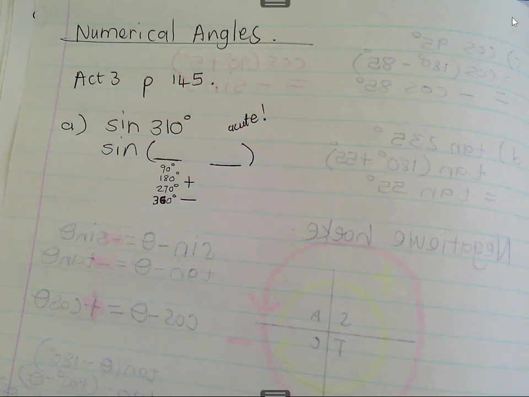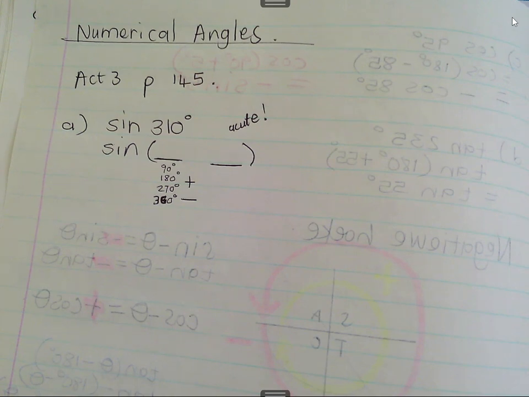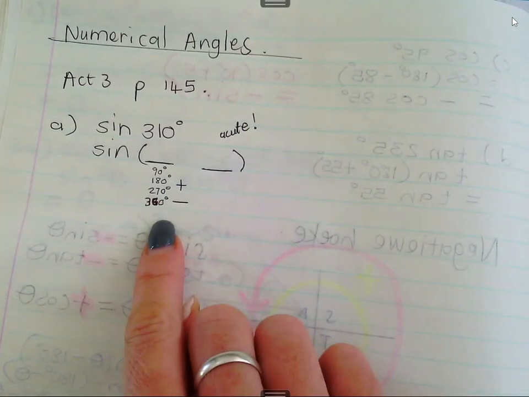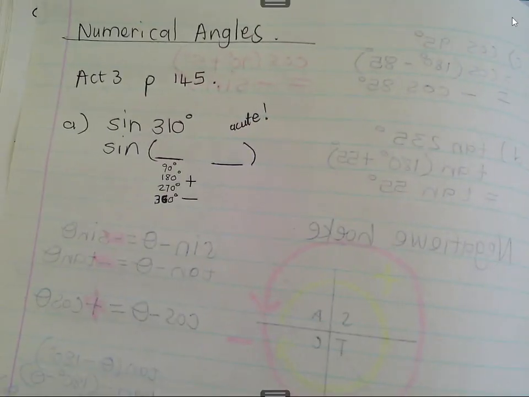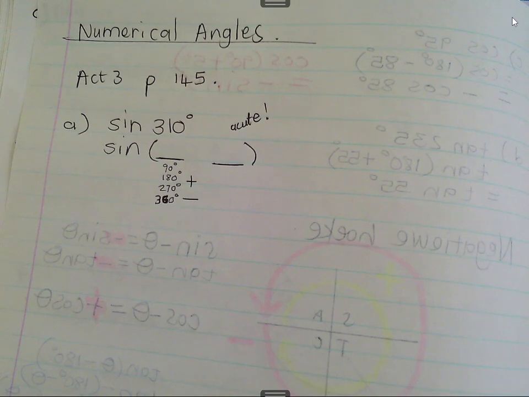But if you have a choice, like with these, always use 180 or 360, because remember, the moment that you use 90 and 270, the function also has to change. So you're putting in extra steps that create a possible opportunity for you to make a mistake. Okay. If you take 180 and 360, all you're going to do is change the sign or not change the sign. It will either be positive or negative, and then you're done.